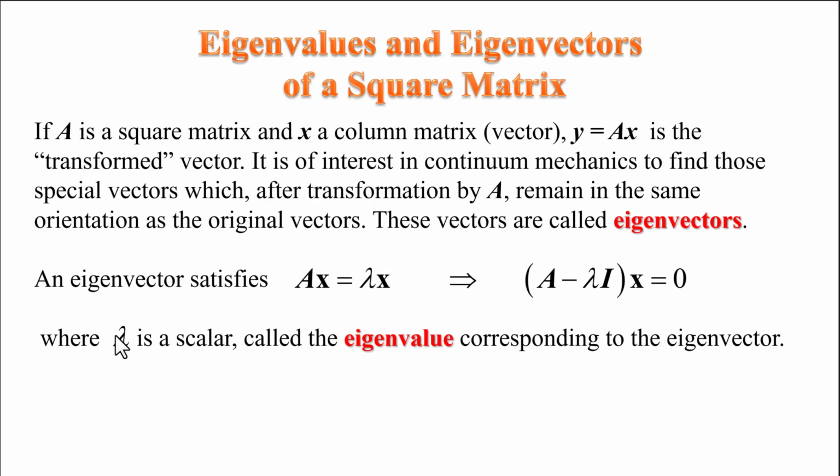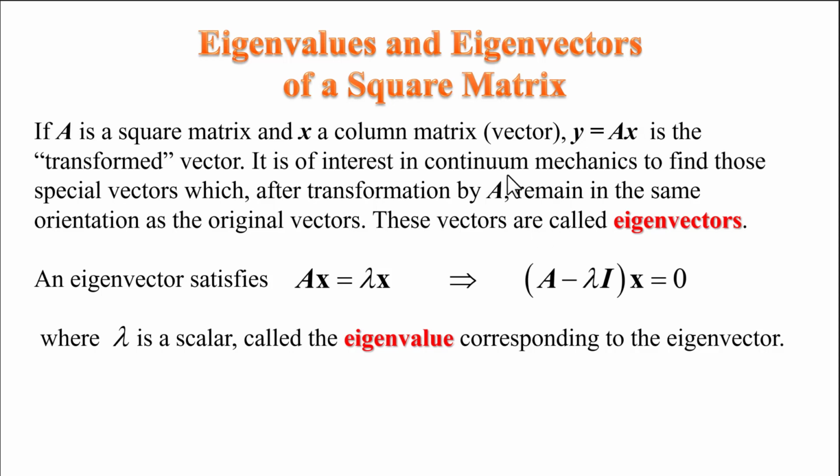If A is a square matrix and x a column matrix, it's a vector, then A multiply x produces a new column matrix, y. We can say that y is a transformed version of x due to A. It is of special interest in continuum mechanics to find those special vectors which after the transformation by A remains parallel to the original vector.